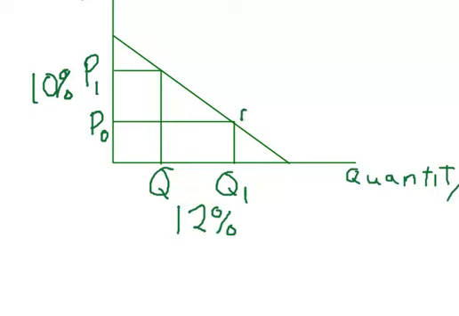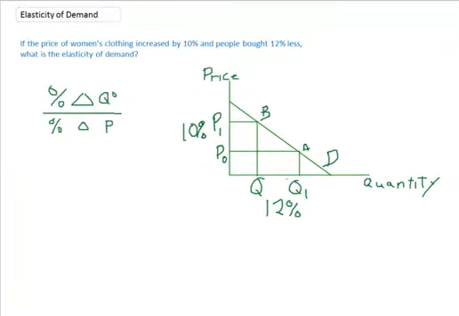So we started here at point A, lower priced, raised our price, went from that point to that point where it's a movement along the demand curve. This is a demand curve, and people bought less. So in other words, we're just looking at the law of demand, which says at higher prices people buy less, and trying to say, well, how much less? How big of a response are you going to have to my changing price if I'm the seller?